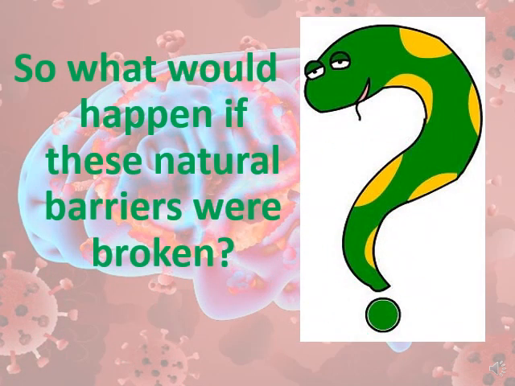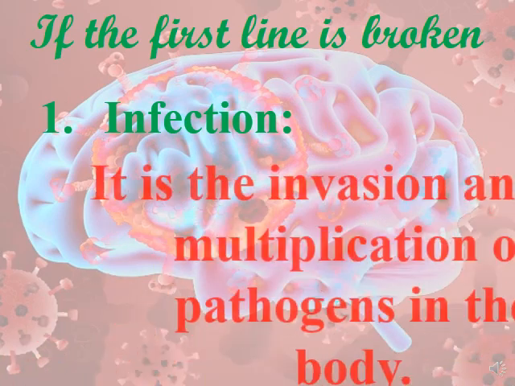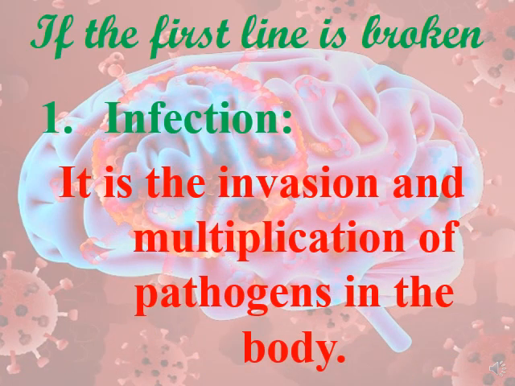So the question is, what would happen if these natural barriers were broken? What will happen to the body? What will be the result? And what are the consequences? If the first line of defense is broken, we will have infection.